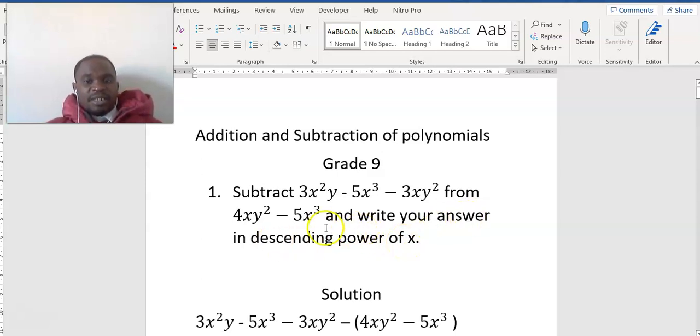Descending power of x means you are writing your answer from the biggest power of x to the smallest power of x. The question is saying we should subtract this one from this.